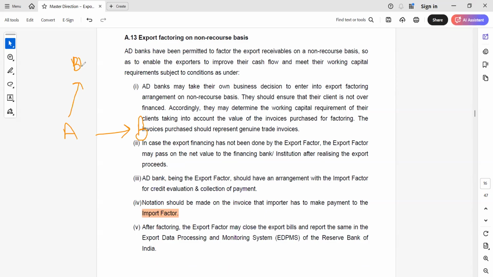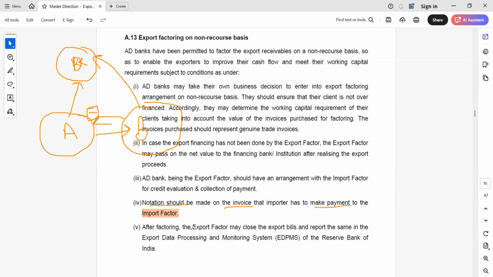So what will the bank do? Here it is given, a notation should be made on the invoice. Whatever invoice is raised by A, it should be mentioned on it that B has to make payment to the bank, not to this party A. This should be mentioned on the invoice.